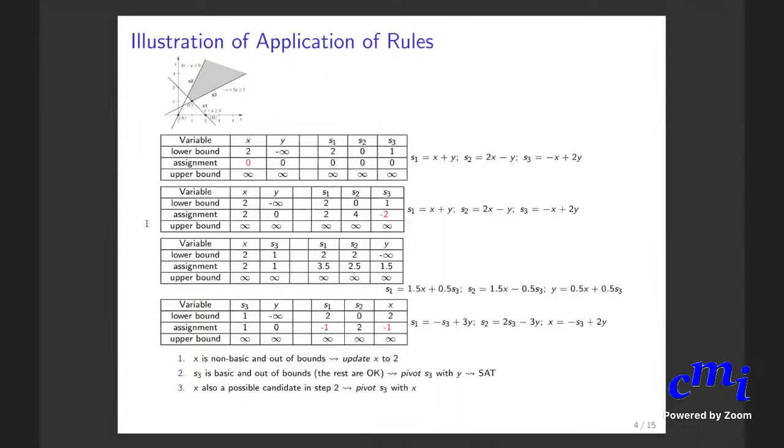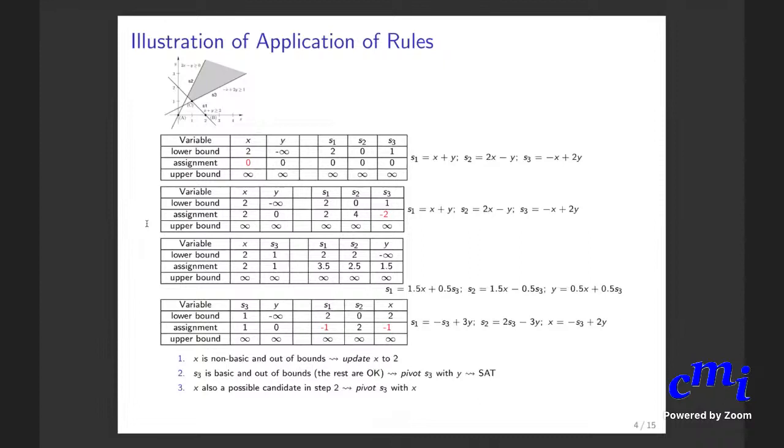Okay, so that's the transformation that simplex does. The primary variables x and y are unconstrained, okay?